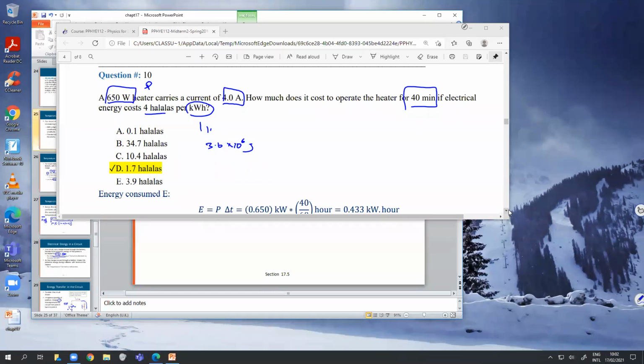The equation for power is E over delta T, so the energy will be power multiplied by the time. The power is 650 in SI unit. If you put the time also in SI unit, you'll get the energy in SI unit, joule. Time is in minutes here, so you need to convert the minutes into seconds. Now you get this in joule.